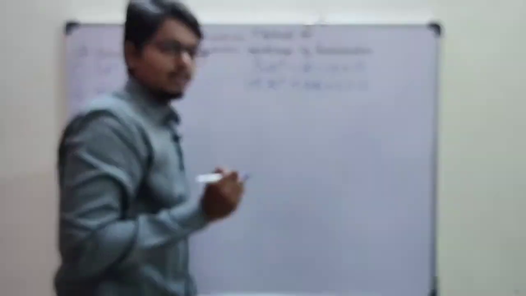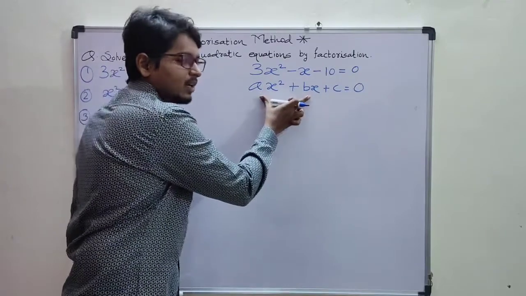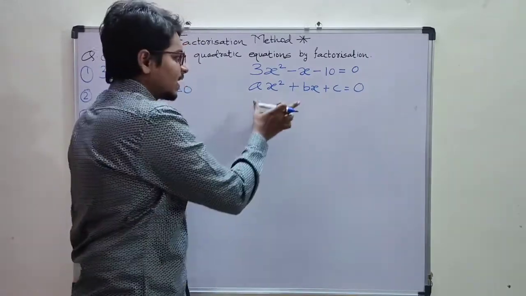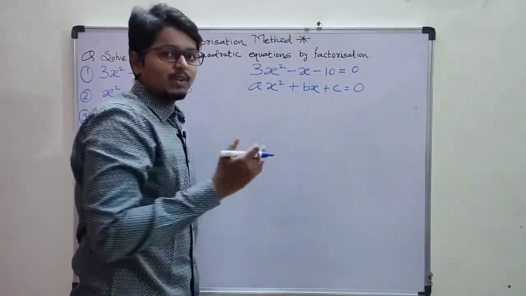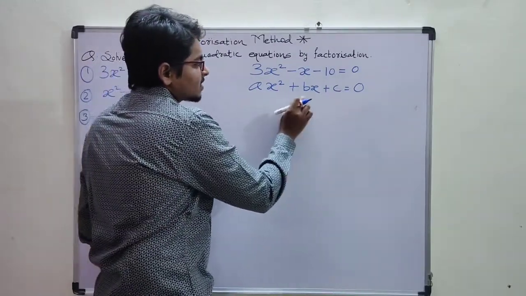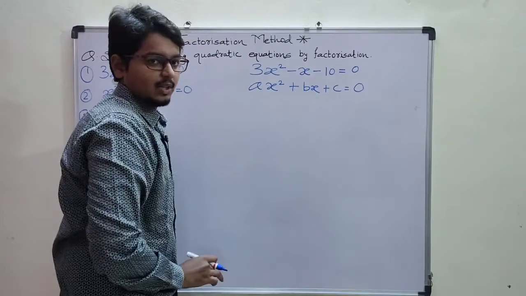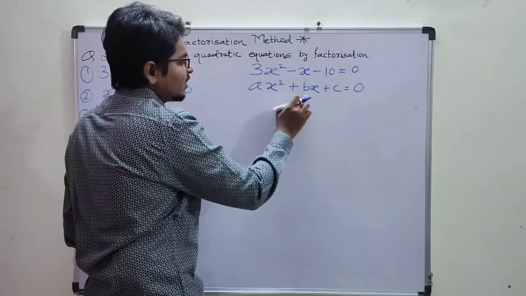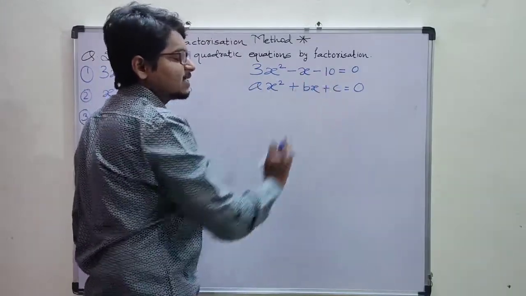While actually solving the example, we do not take this step. I am writing this step for your understanding only. So ax square plus bx plus c equal to 0. Now value of a is 3, value of b is -1 and value of c is -10.